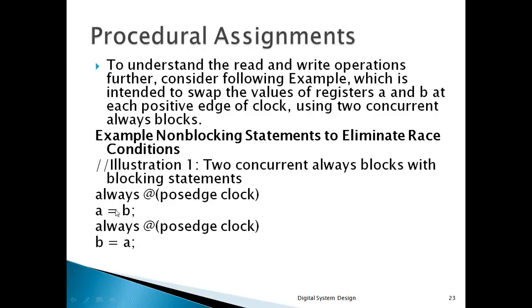These two always blocks will be executed at time 0. Now this is the race condition, because for the simulator it is non-deterministic whether this A = B will be executed first or this B = A will be executed.